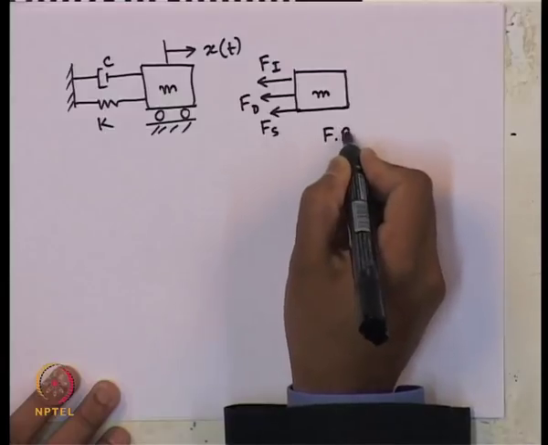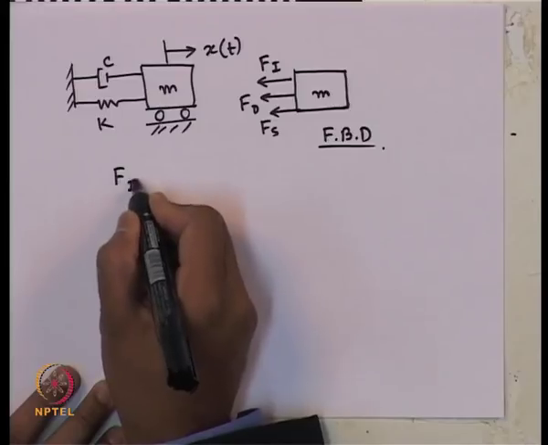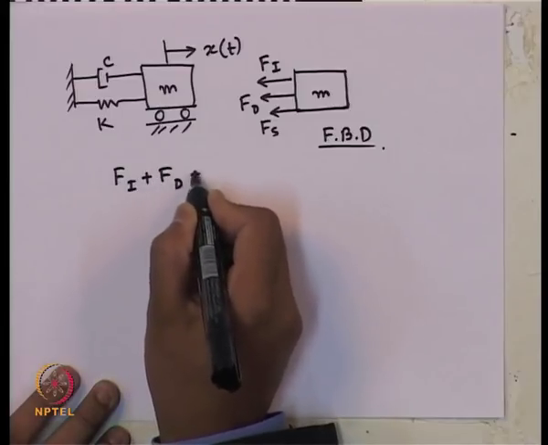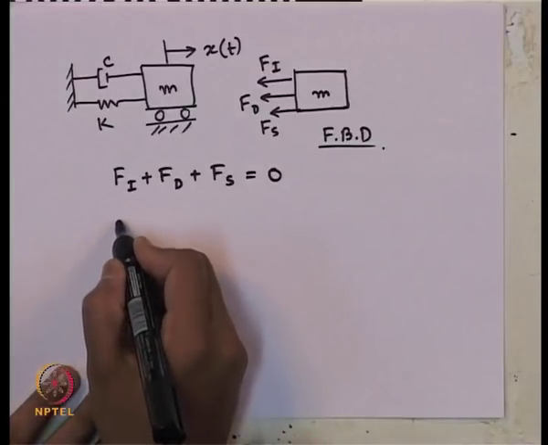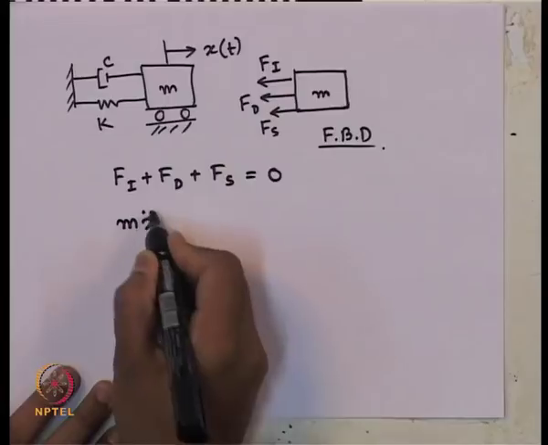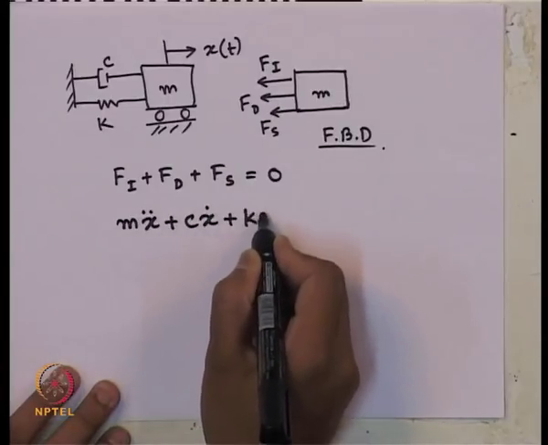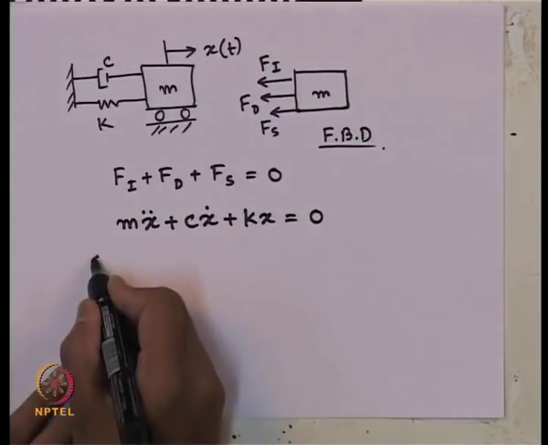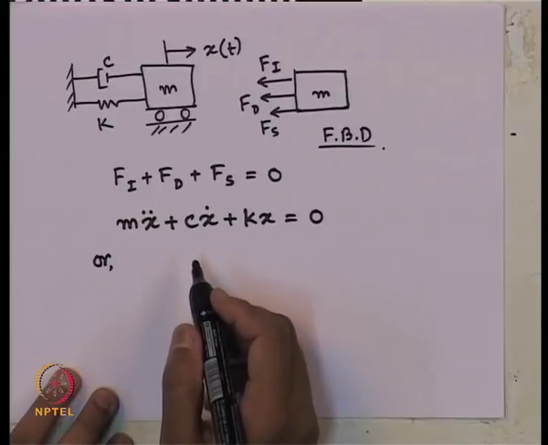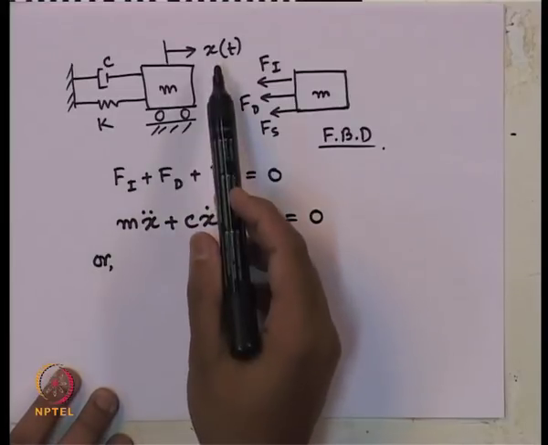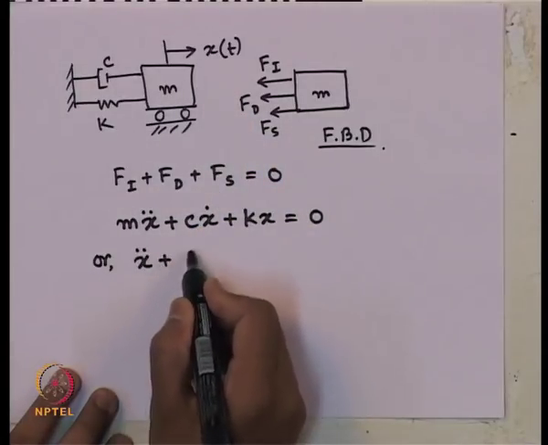So, that is our free body diagram, and using D'Alembert's principle, f I plus f d plus f s equals to 0, and then using the linear model we got the governing equation of motion m x double dot plus c x dot plus k x equals to 0. Now, we want to solve this second order differential equation for x. So, x of t we are now going to find out.